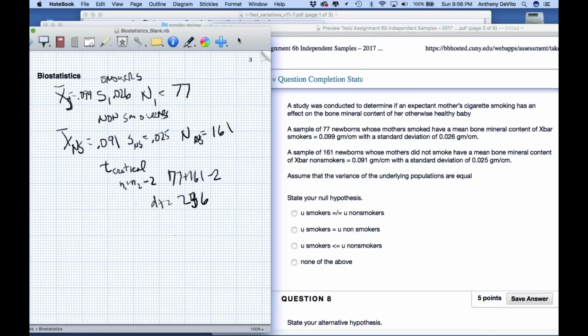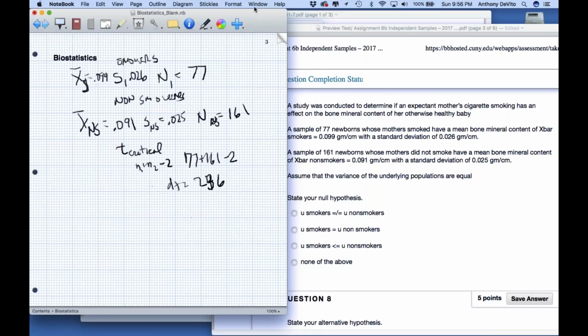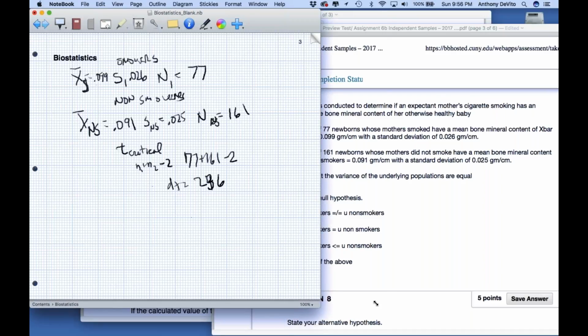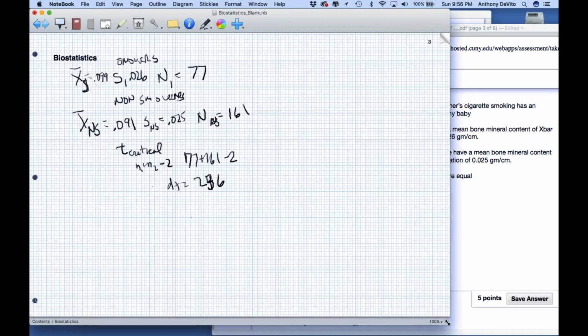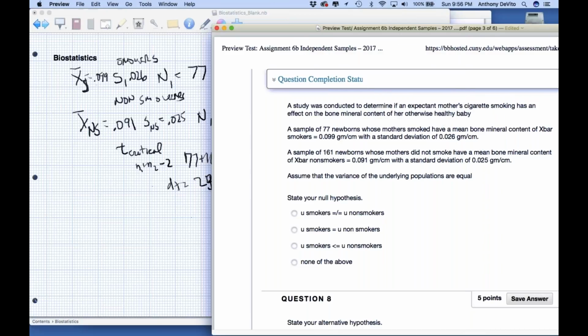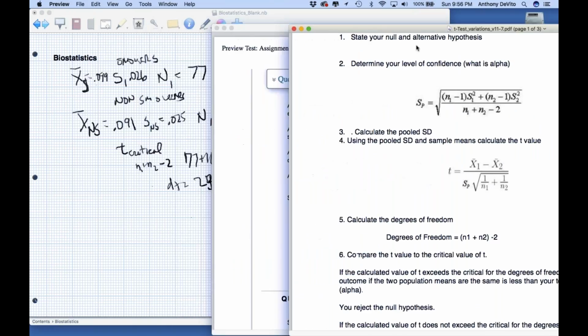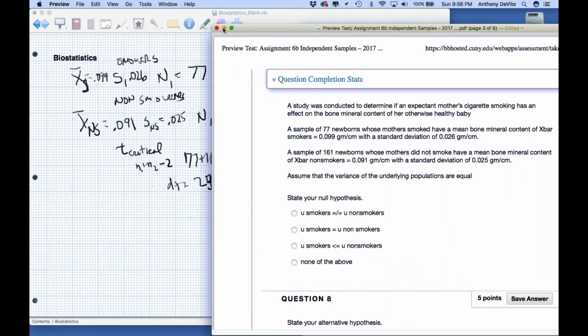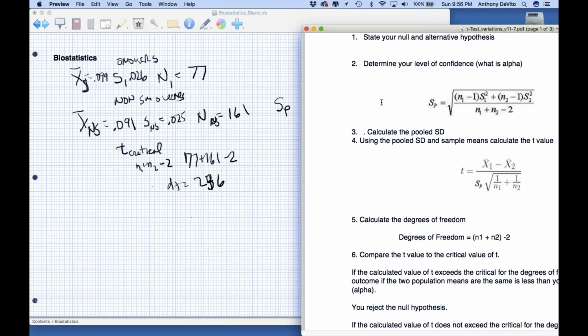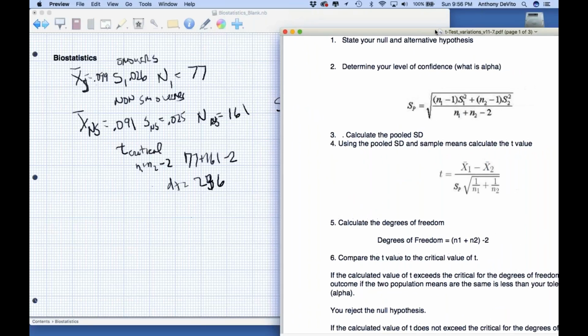The next thing I have to do is calculate my standard error. Remember that in order to calculate our standard error, the first thing I had to do was calculate a pooled standard deviation. And how did I do that? Let's get our chart up here. Here's our formula for the pooled standard deviation.